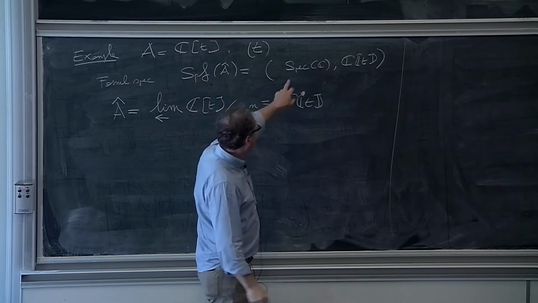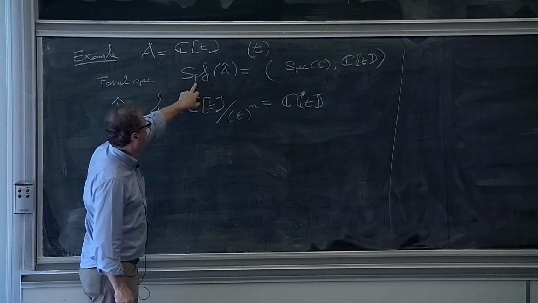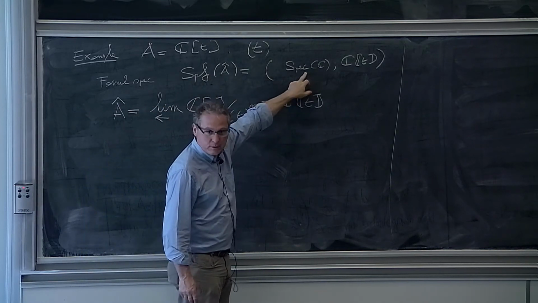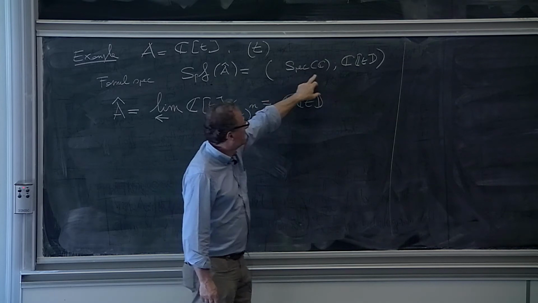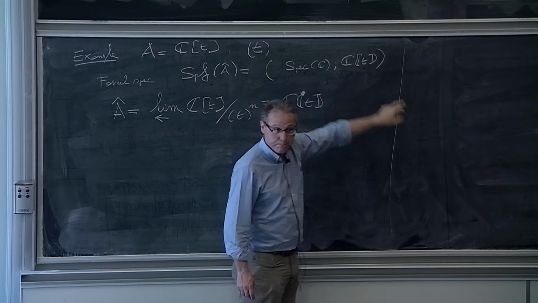So you see that this formal spectrum topologically is just a point, but the ring of regular functions is much bigger.